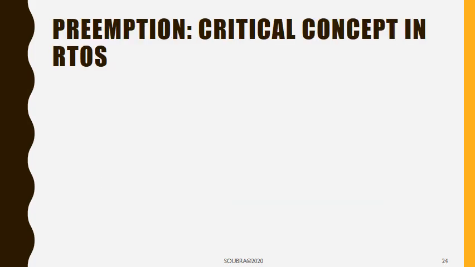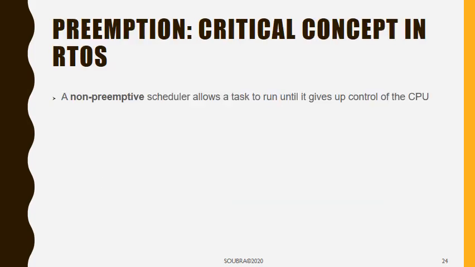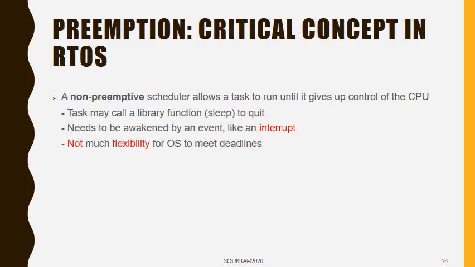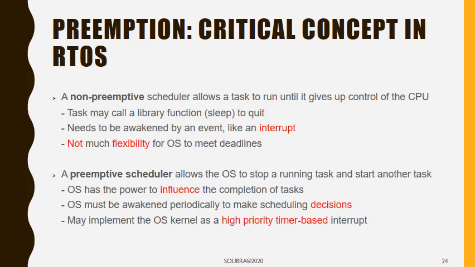Okay, preemption, and we've talked about it so many times. Long story short, usually in real-time embedded systems, do you think that we have a non-preemptive or preemptive scheduler? Usually it should be preemptive.